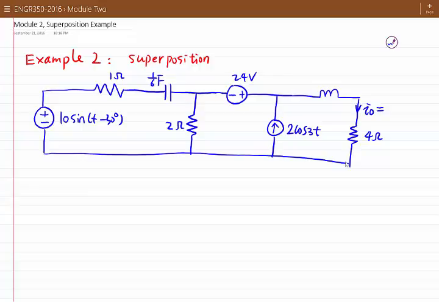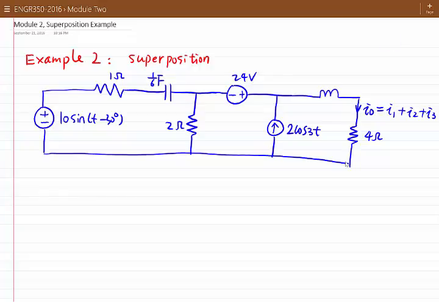So I_O will have 3 components: I_O can be equal to I1 plus I2 plus I3. These 3 currents correspond to 3 different sources applied separately.